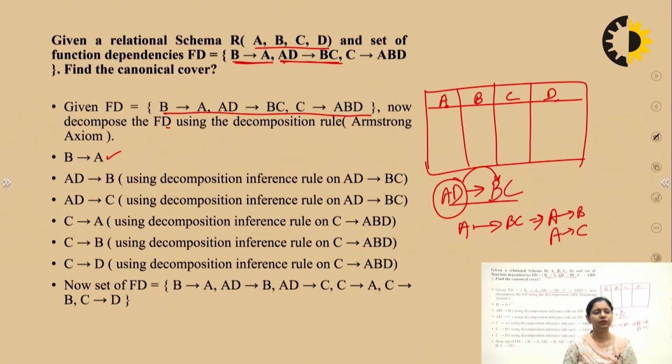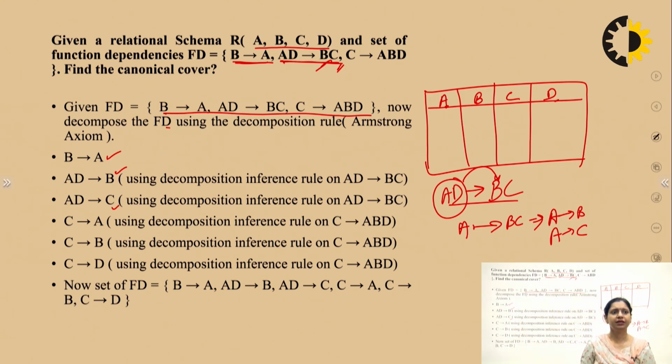They could be 2, they could be 3, they could be a single attribute on the left hand side. But on the right hand side, we'll be using the decomposition rule. So here, AD dependent upon BC will be decomposed into 2 different dependencies. The first one is AD dependent upon B, and the other one is AD dependent upon C.